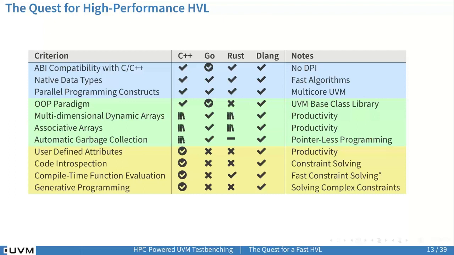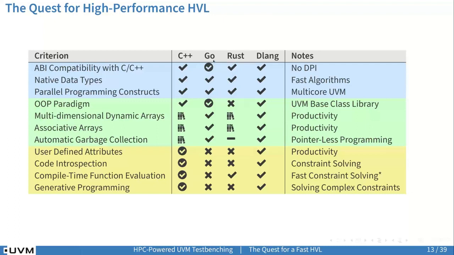Like it's going to be 20 or more times slower, even if you are not using multi-core in either of them. So just with single core C++ and single core DLang, C++ constraint solvers that exist today are 20 times slower. Go and Rust, they are not typically object-oriented.